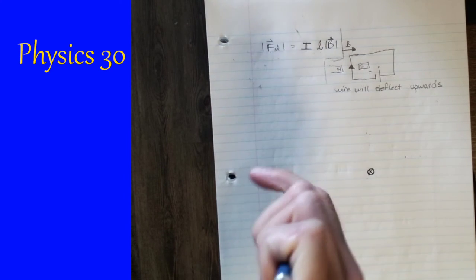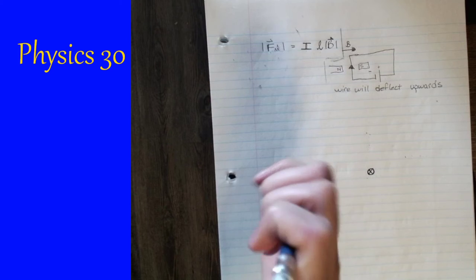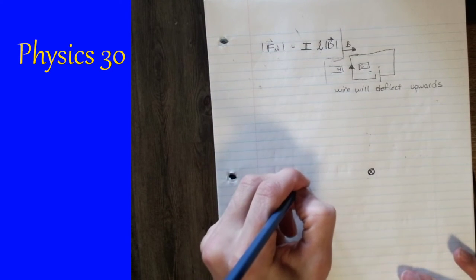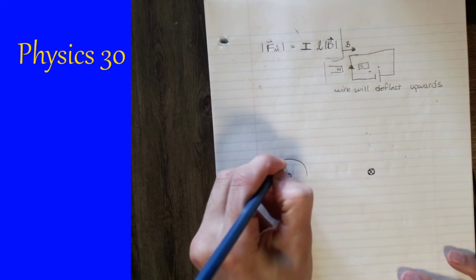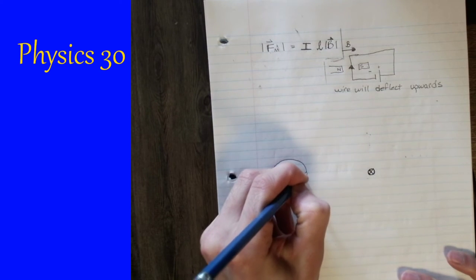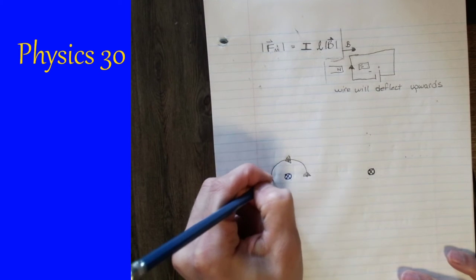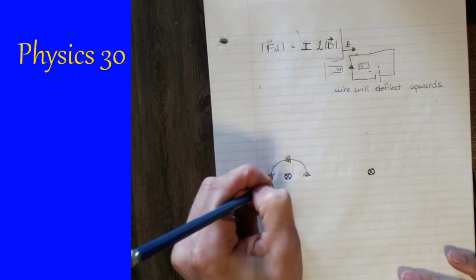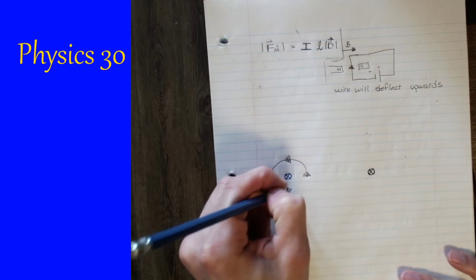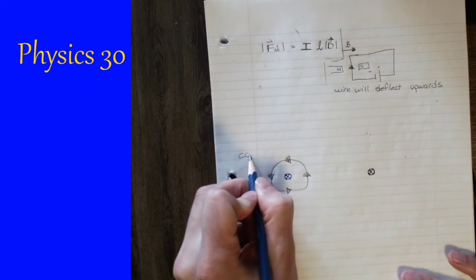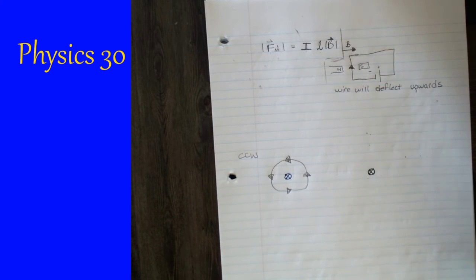And since they're both flowing in the same direction, they're both negative charge, the magnetic field should loop around like so. So we might say this is counterclockwise.